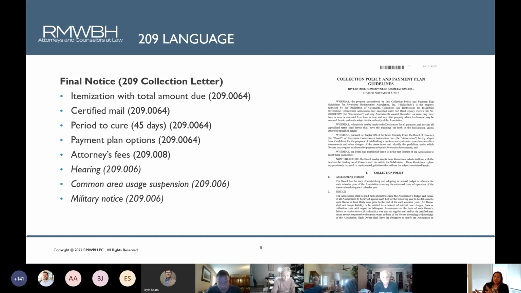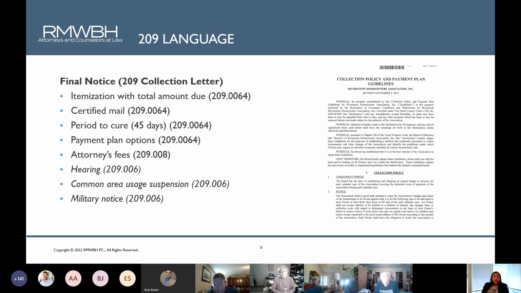And that means if you have a balance forward of some kind because you have several years worth of assessments or interest or late fees, that's not going to comply with the 209 requirements under the Texas Property Code. It needs to break down each assessment year, each interest amount by year, each late fee by year. It needs to really provide an itemization of what that number is made up of.